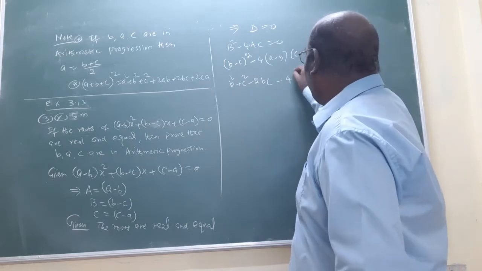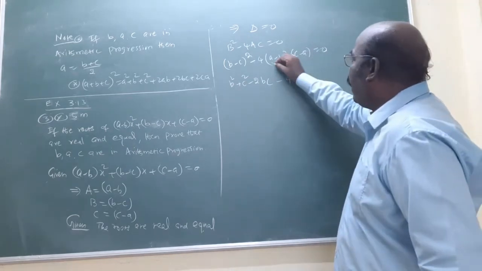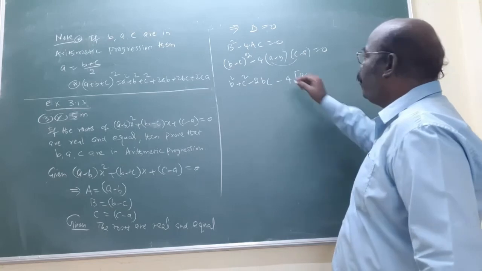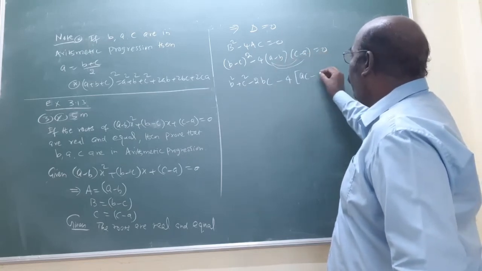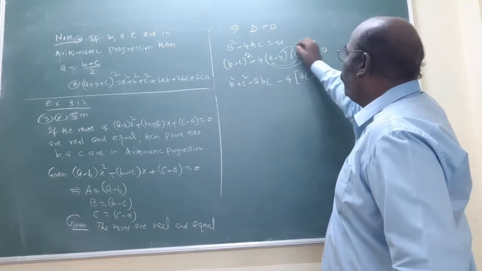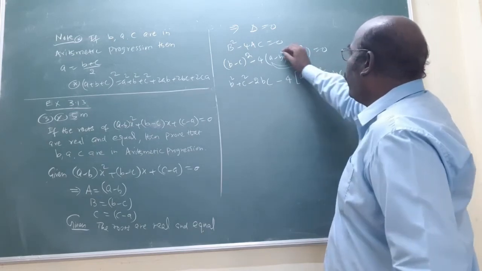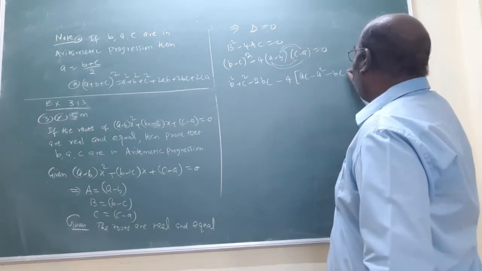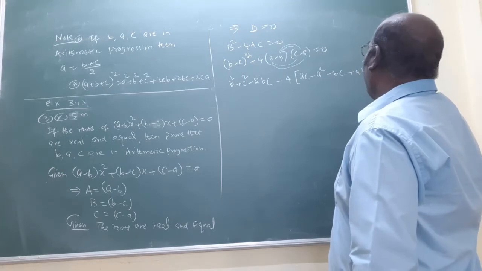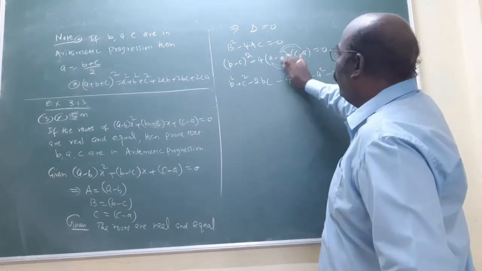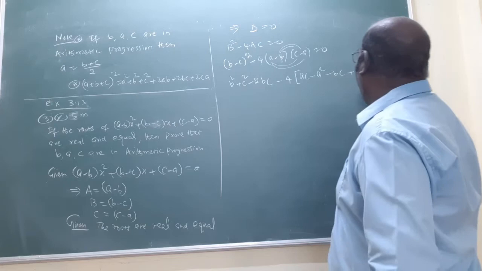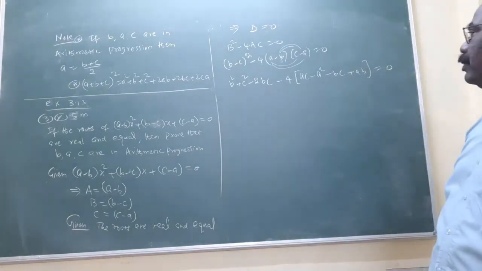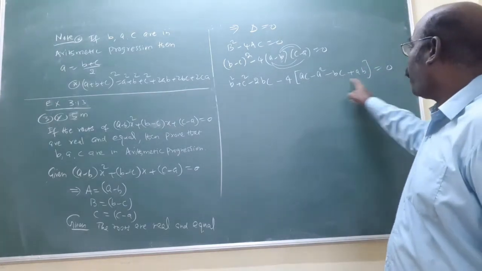Minus 4 into bracket. Now multiply a with c, ac; a with a, that is minus a square; then b with c, minus bc; minus and minus plus, ba, that's ab. You want ab in order. Now close the bracket.